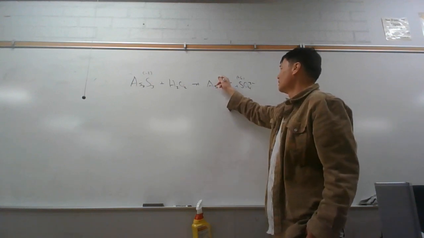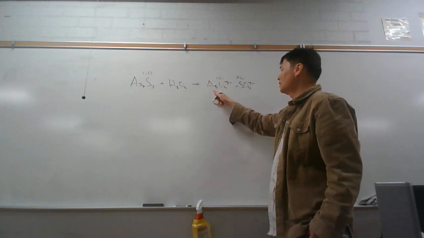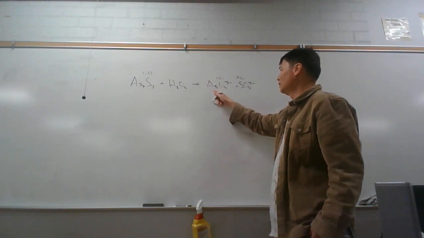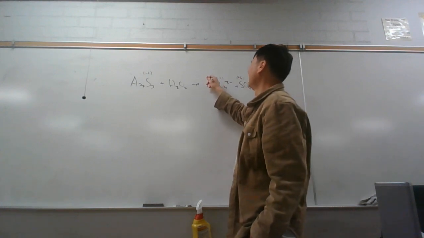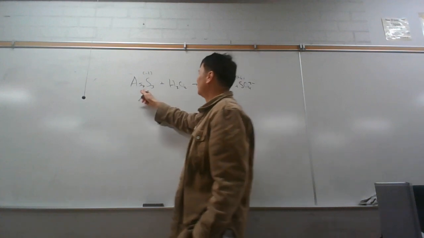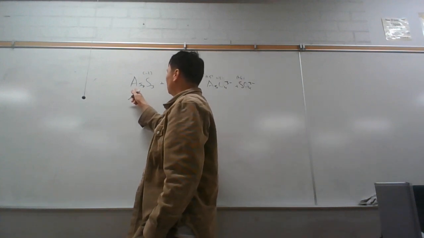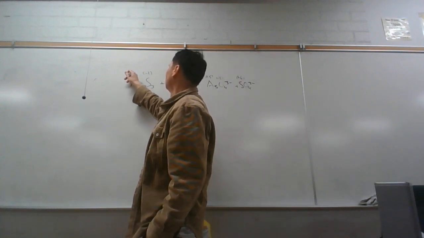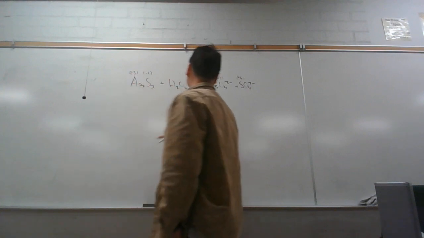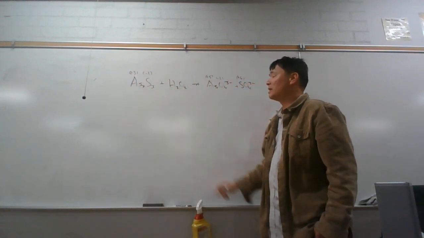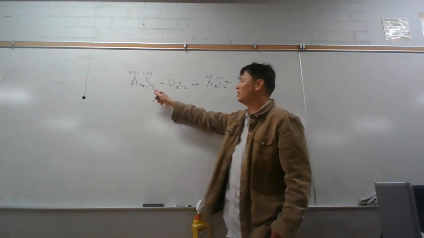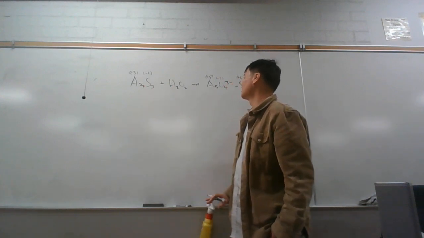If we look at arsenic, over here it's +3, and over here arsenic would be +5. So actually, hydrogen peroxide was able to oxidize both the sulfide and the arsenic in this particular reaction.